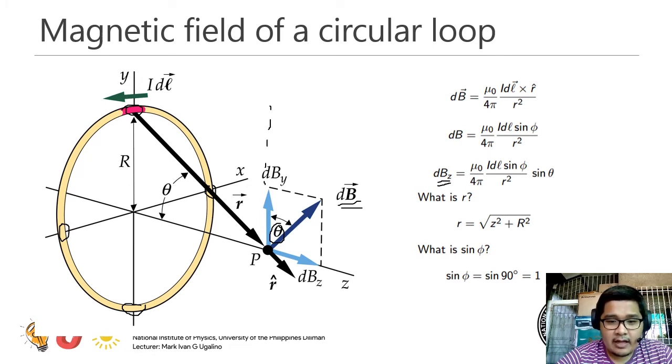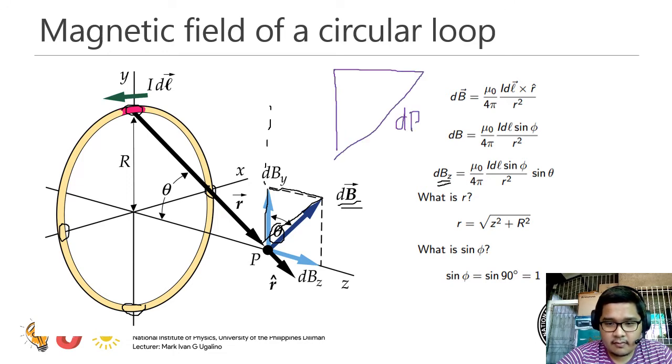Now we can imagine this to be a right triangle, which we can draw like this. So this is your right triangle, this is your dB, this is your dBy, and this is your dBz.